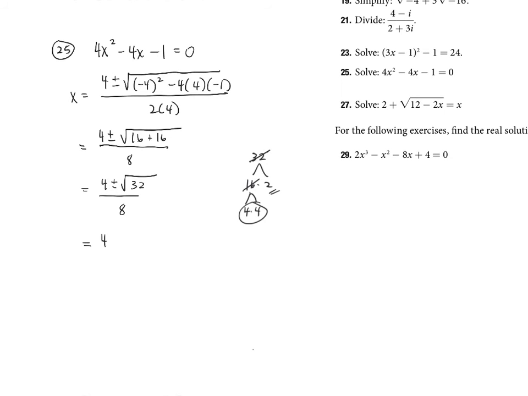So that's going to be 4 plus or minus 4 square root of 2 over 8. Now I have a common factor in all three terms, 4, 4, and 8. Those are all divisible by 4. So 4 divided by 4 is 1, 4 divided by 4 is 1, 8 divided by 4 is 2. So that's going to give us 1 plus or minus the square root of 2 over 2.